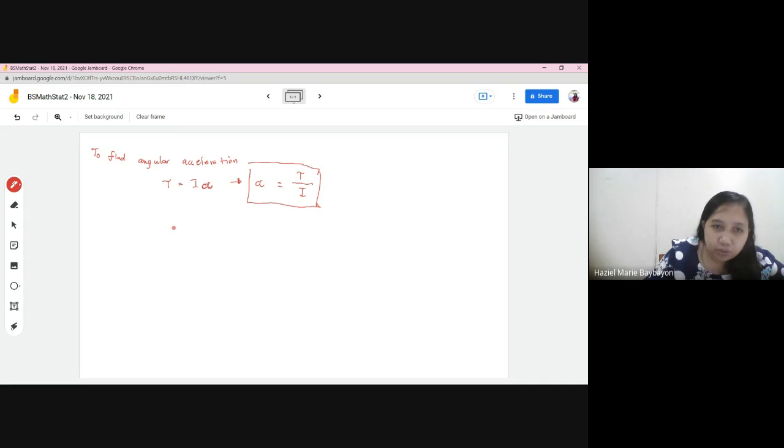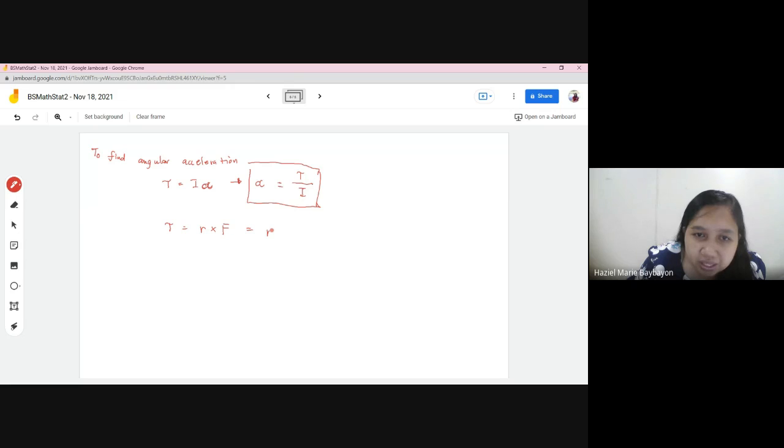But we're not given the torque, but we know that torque can be obtained by using R cross F, or we can just write this as R F if R and F are perpendicular with each other.